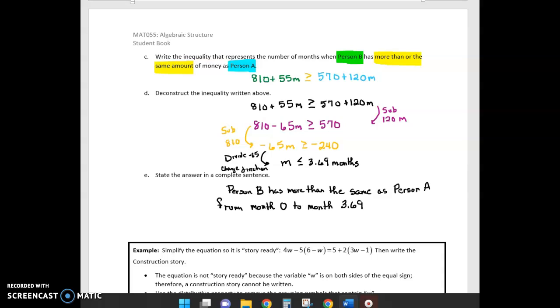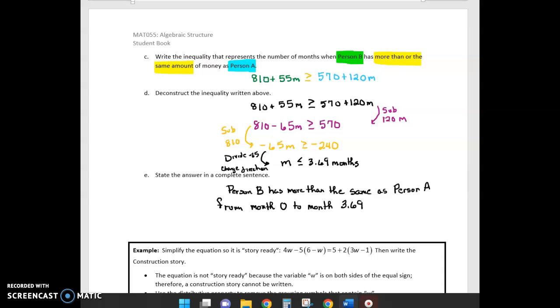I'm just going to briefly check my answer, and I'm going to plug in 4 months for both person B's account and person A's account, and make sure that in month 4 person B has now less than person A, because it's only supposed to be between 0 and 3.69 months. So I'm just going to do this off to the side.